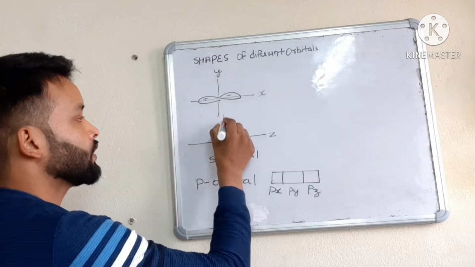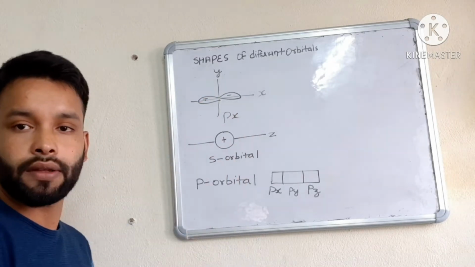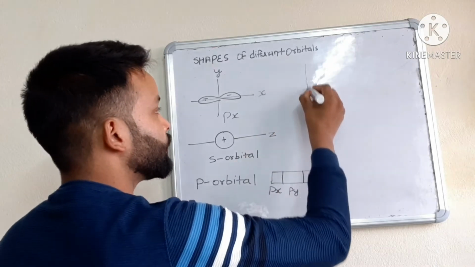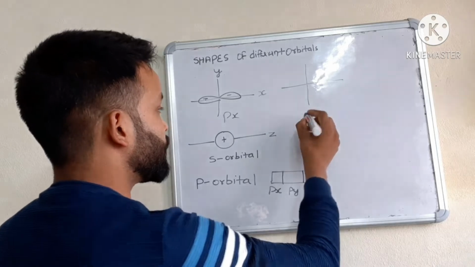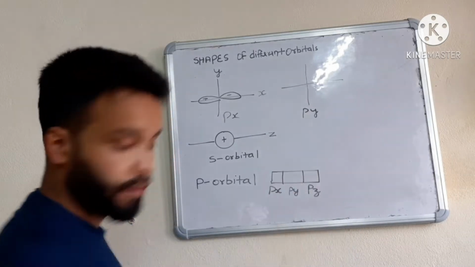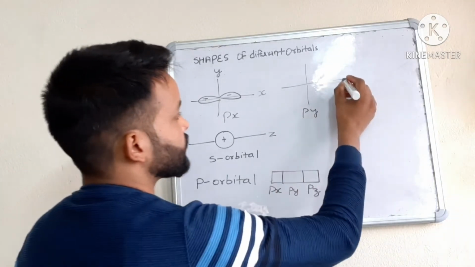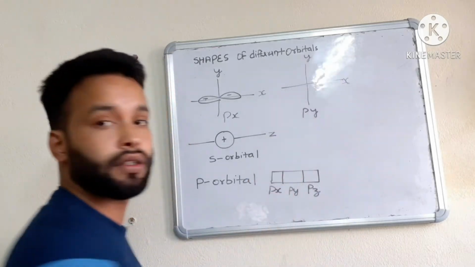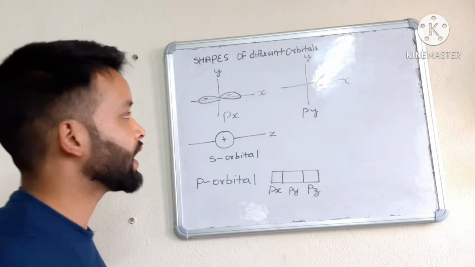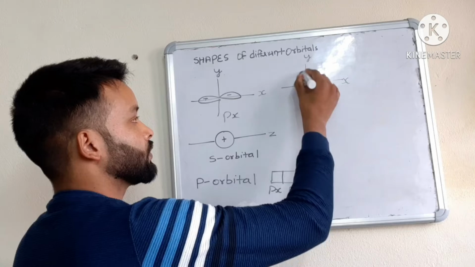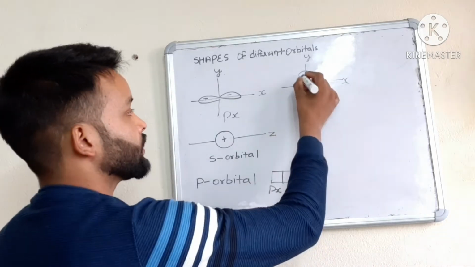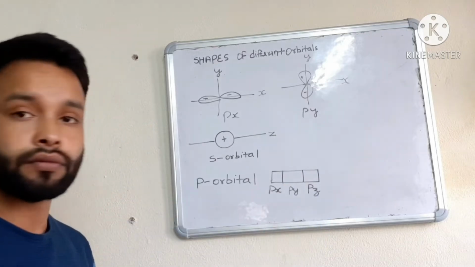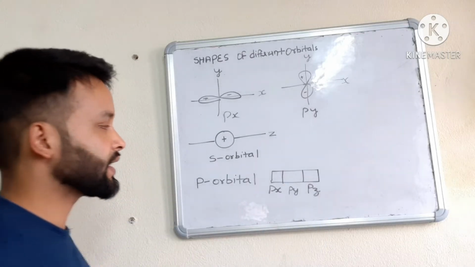Similarly, I draw for py. This is my x and this is my y. So this is my py, plus and minus. Now at the end, pz is left.